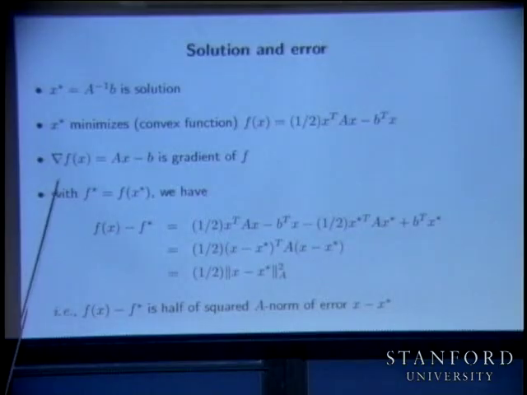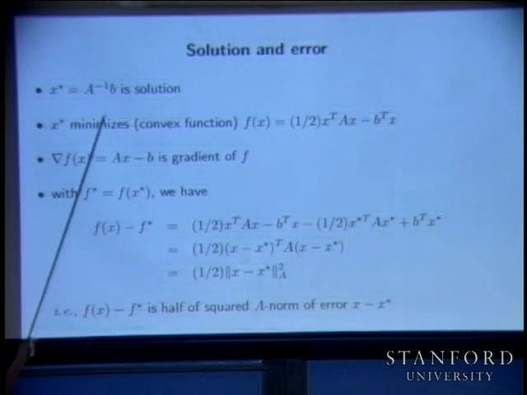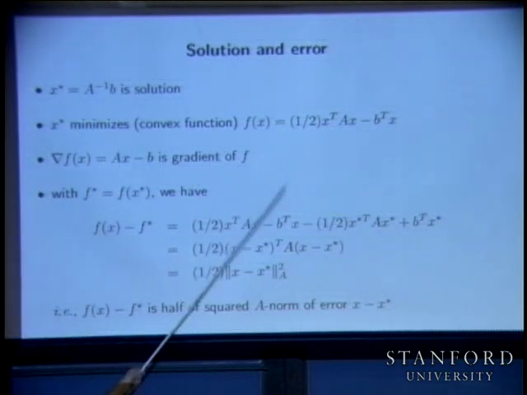Okay. Now the gradient of this function is Ax minus b, but that's also the residual. So residual and gradient of this function are kind of the same. Now, f star is f of x star, that's this thing plugged into that, and I forget what it is, but there's an A inverse there, you get minus b transpose A inverse b. Anyway, it doesn't matter. But if you take f of x minus f star, here's what you get.